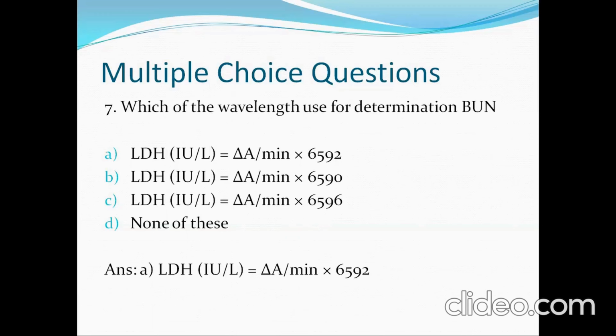LDH in international unit per liter is equal to delta A per minute into 6592, 6590, 6596, and none of these. The correct answer is LDH, international unit per liter, equals delta A per minute into 6592.